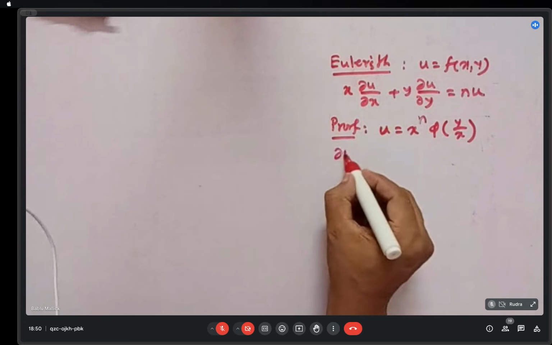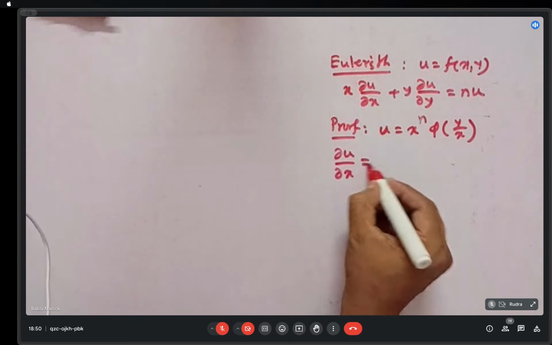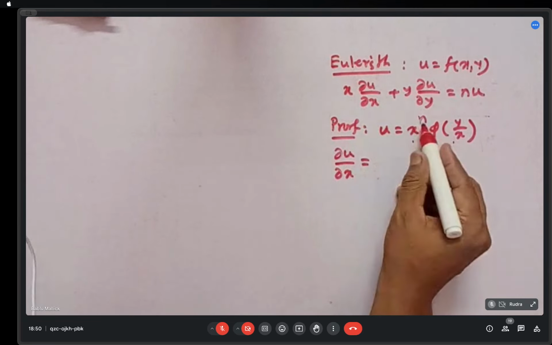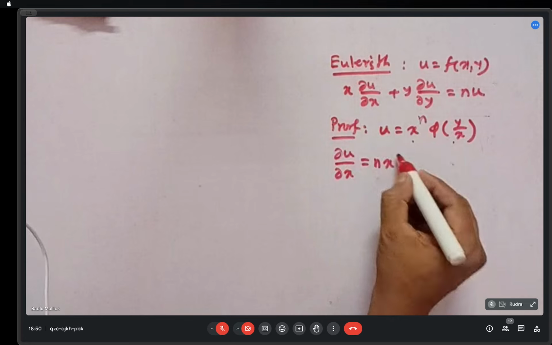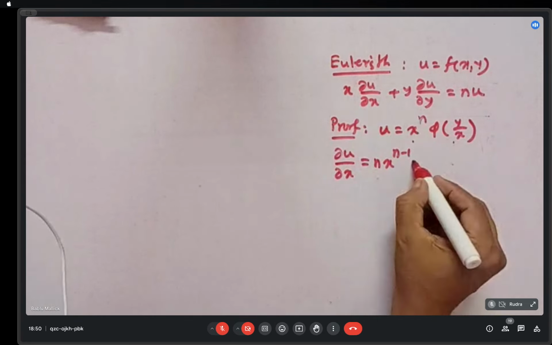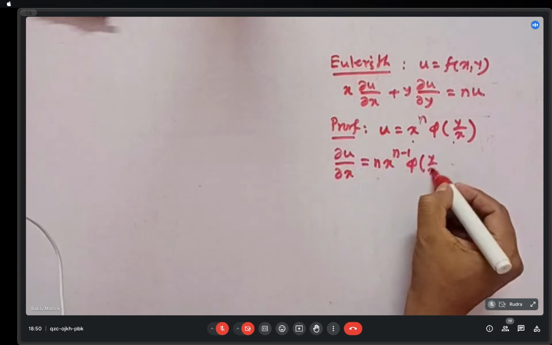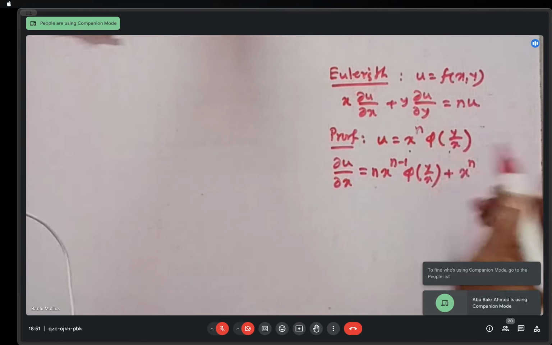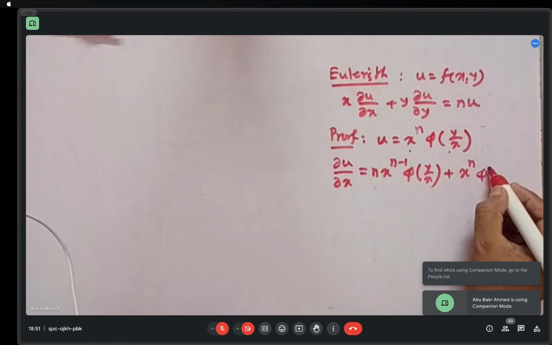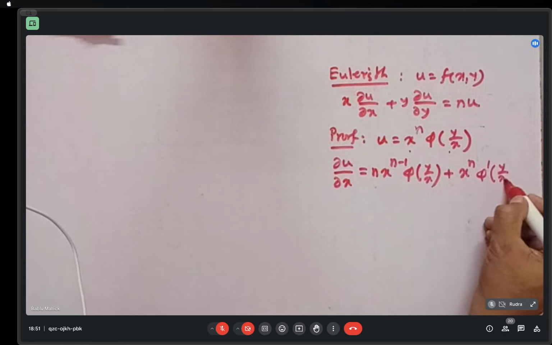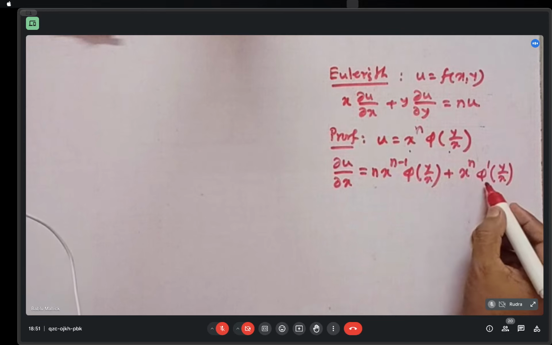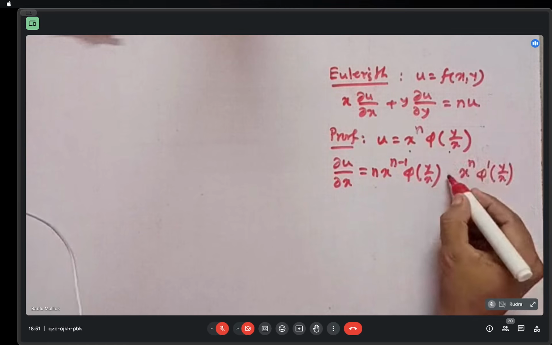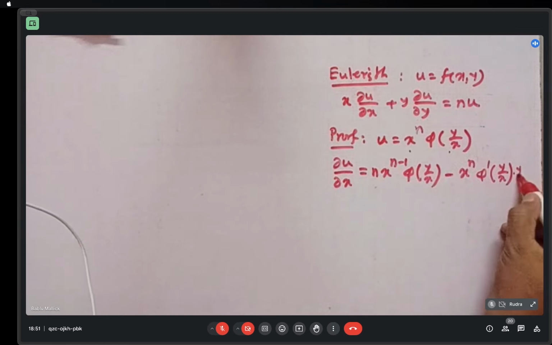Now calculate del u del x, meaning derivative with respect to x. Here, using the product rule, its derivative is n x to the power n minus 1 into phi y by x plus x to the power n into derivative of phi, which is phi dashed y by x, into derivative of y by x, which is minus y by x square.